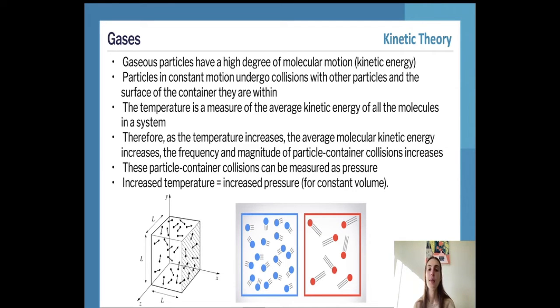And so there's going to be a lot lower pressure, and because there's a lot lower pressure, it will also be correlated with a lot lower temperature. So we can see that increased temperature is going to result in an increased pressure when we're considering a system of constant volume.